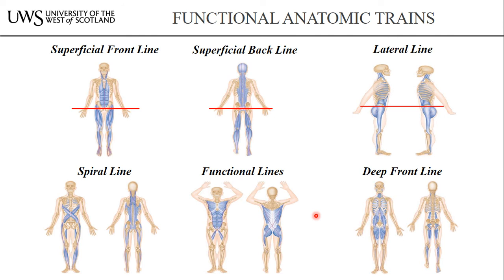Again, these two functional lines are acting as a support of the upper limb chains and the lower limb ones, to facilitate the smoothness of the movements and to keep motor control across the trunk and the pelvis.